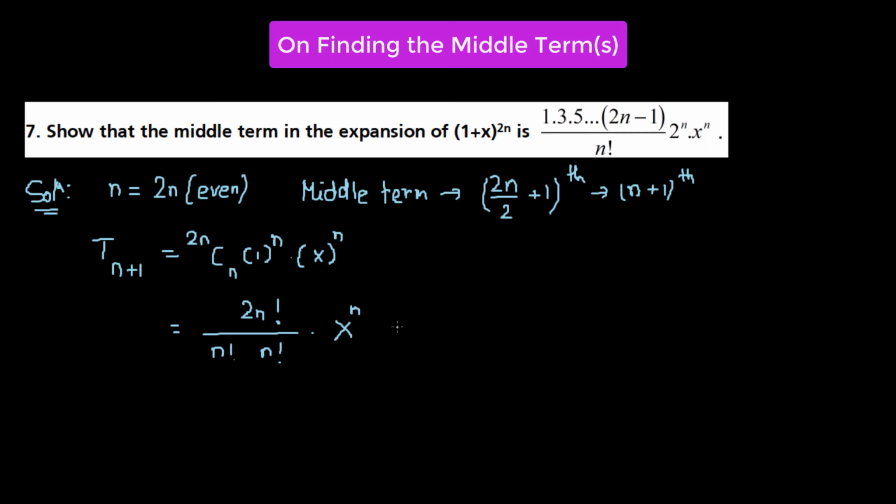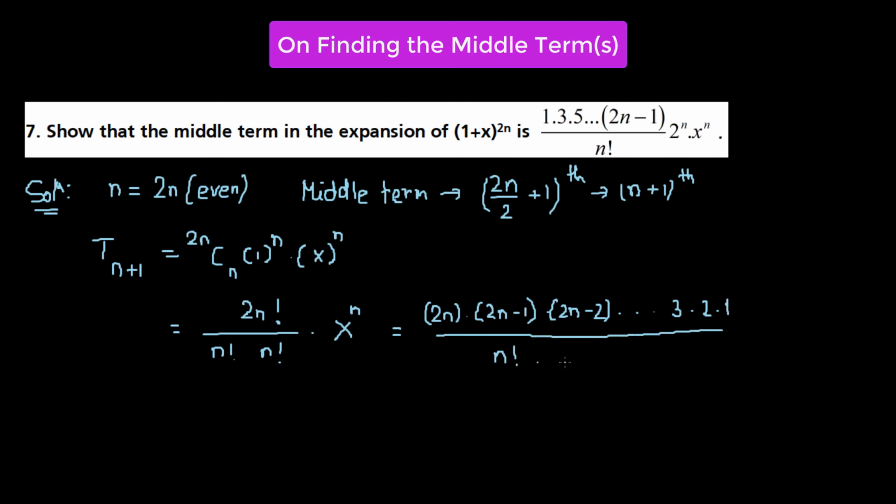Now we're going to expand 2n factorial, so that should be 2n times one term smaller than 2n, which is 2n minus 1. The next term will be 2n minus 2, up to 3 times 2 times 1, divided by n factorial times n factorial, times x raised to the power of n.